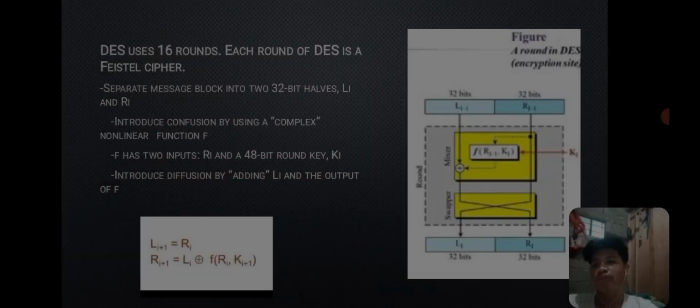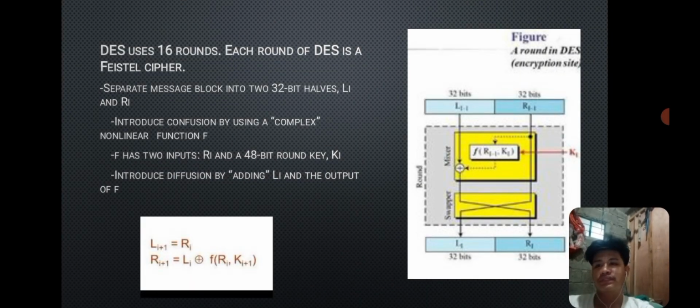0001. DES uses 16 rounds. Each round of DES is a Feistel cipher. Separate the message block into two 32-bit halves, Li and Ri. Introduce confusion by using a complex nonlinear function f.